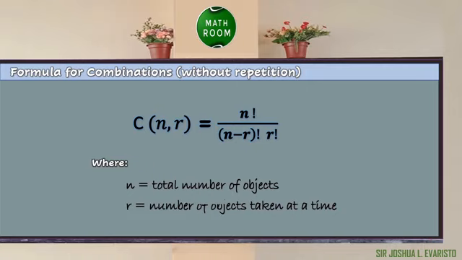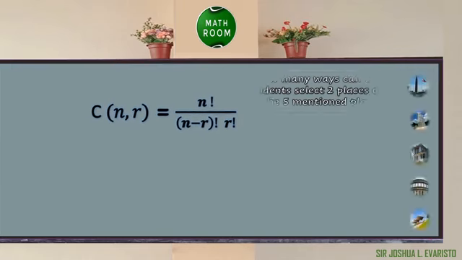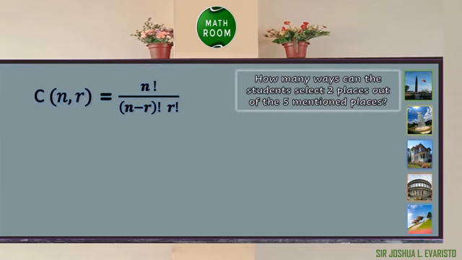Let us try to use the formula in our previous example to check if we got the correct answer. How many ways can the students select 2 places out of the 5 mentioned places? We can say that our n is equal to 5 since we have a total of 5 places, and r is equal to 2 since we are selecting 2 places at a time.